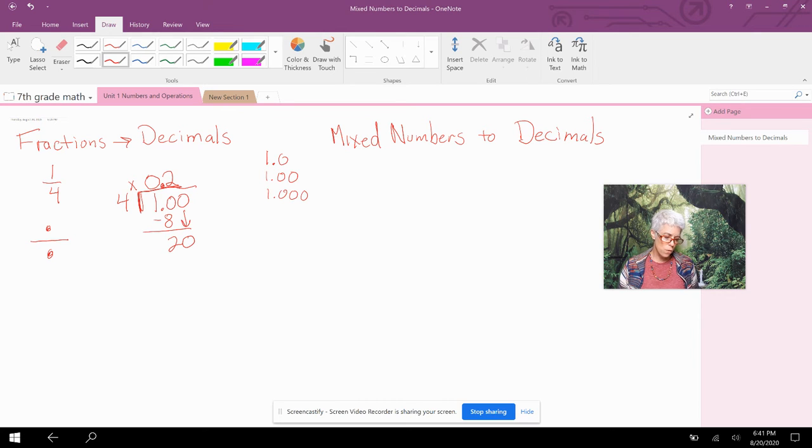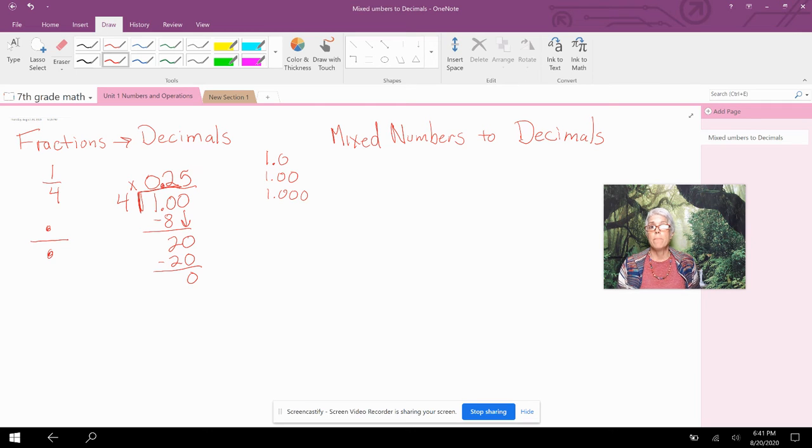I'm going to look at what's at the bottom. How many times does 4 go into 20? It goes into 20 5 times. When it zeroes out, you're finished. So that is a fraction to a decimal. It works for any fraction.